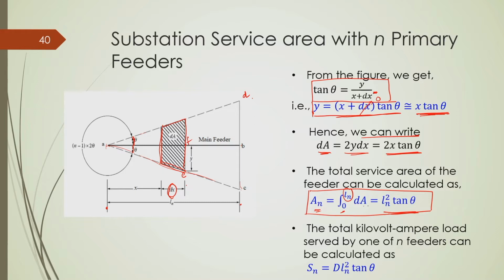Now, if you multiply this surface area with the load density, then whatever we get will be the load served by that particular feeder. So, here Sn represents the load served by the nth feeder.